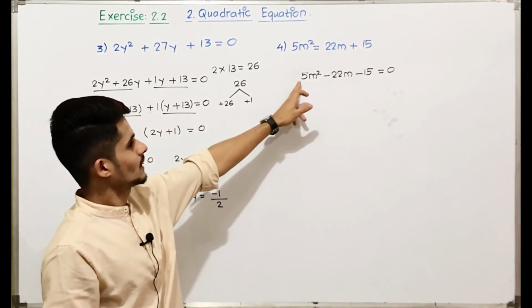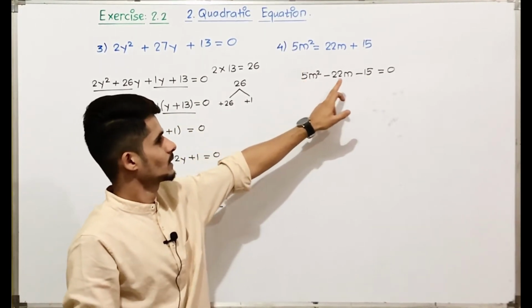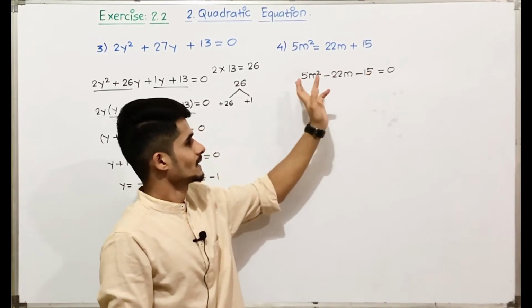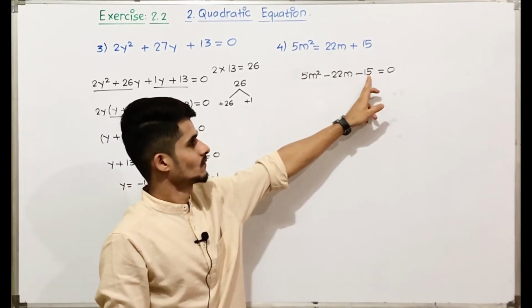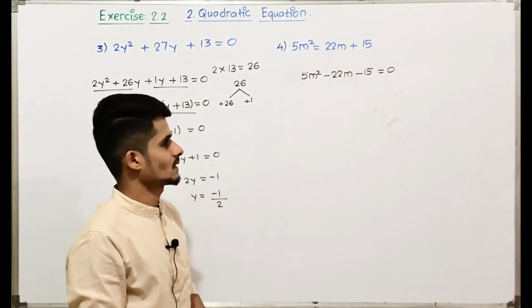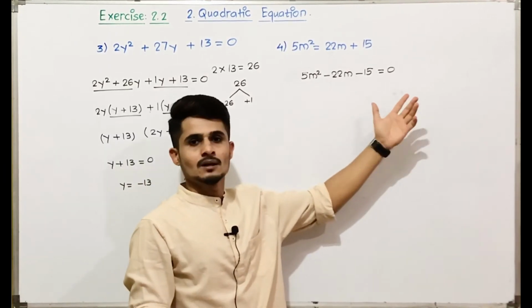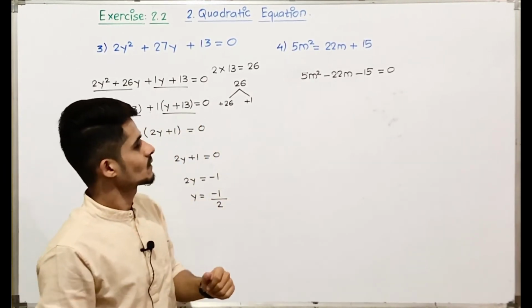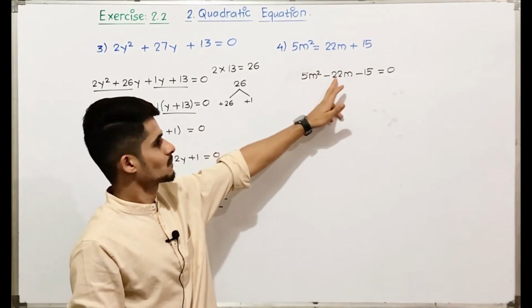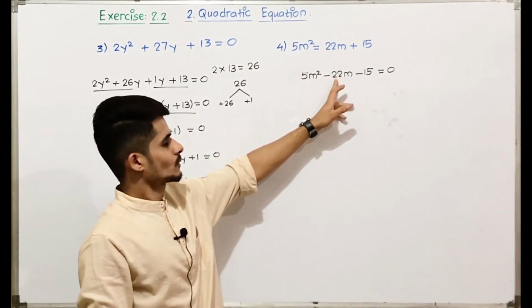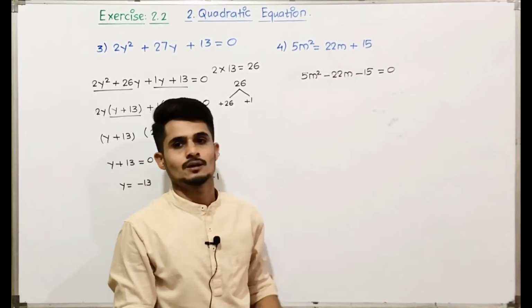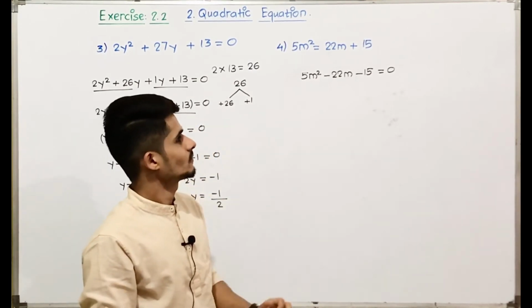So now multiply coefficient of a with coefficient of c, that is 5 into minus 15 which is equal to minus 75, and split minus 75 in such a way that addition or subtraction should be equal to 22 and multiplication should be equal to 75.